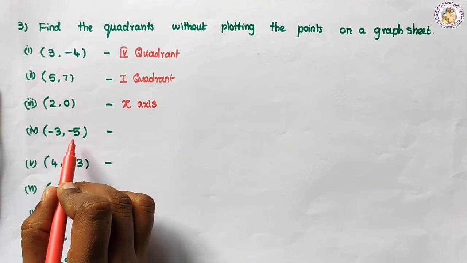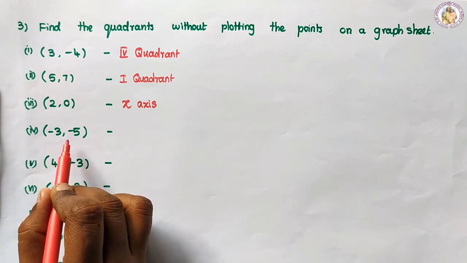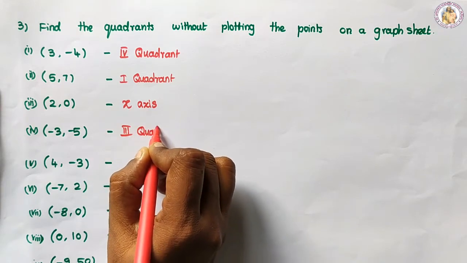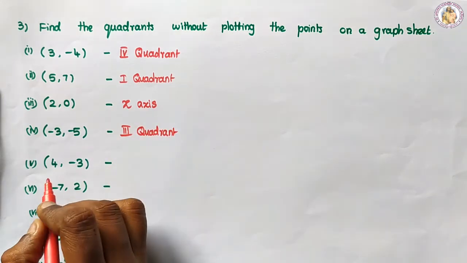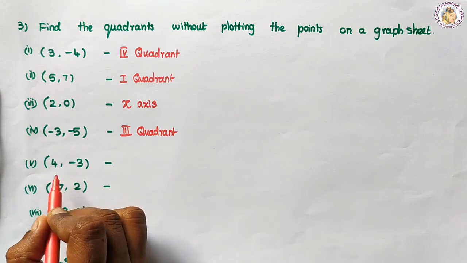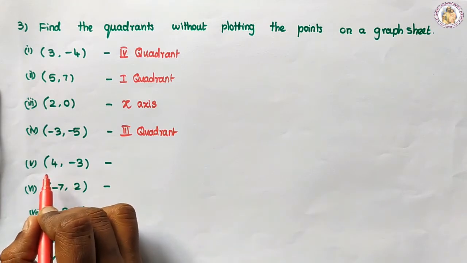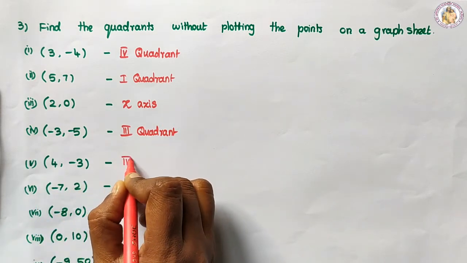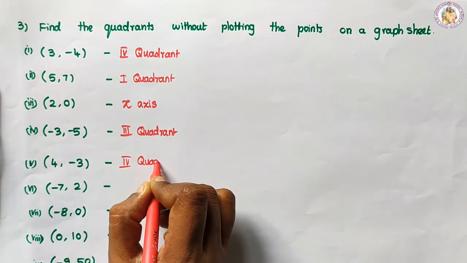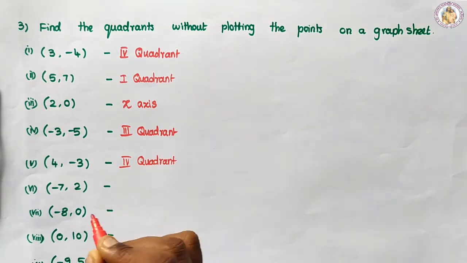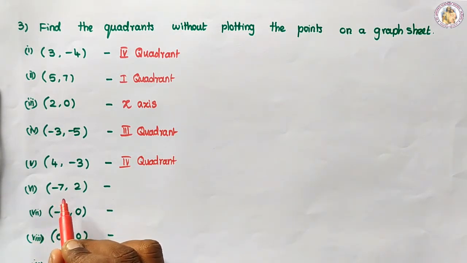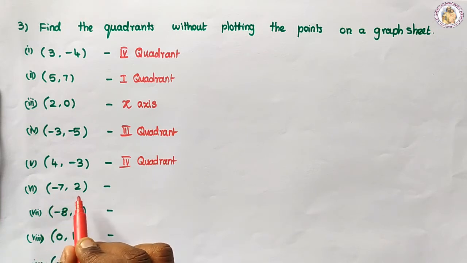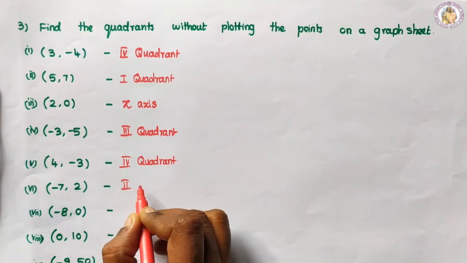Minus 3, minus 5, minus minus, third quadrant. 4 comma minus 3, 4 is positive, so plus comma minus, plus minus, fourth quadrant. Next one, minus 7 comma plus 2, minus plus, second quadrant.